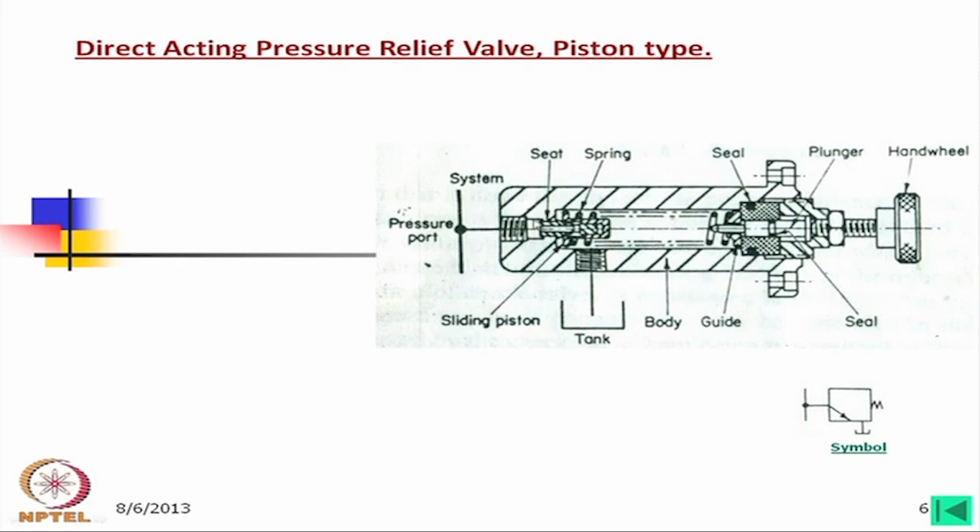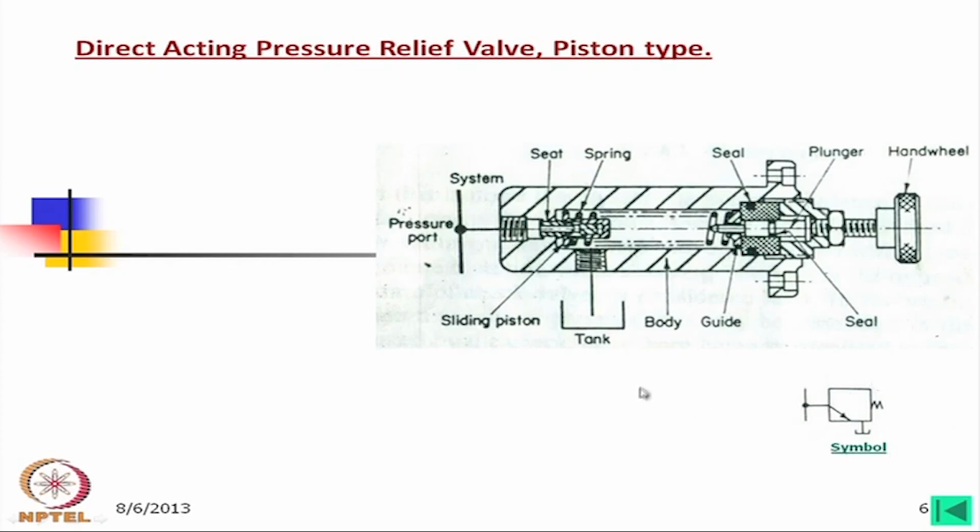In the case of the cone, that was directly hitting the cone seat. In this case, this piston is moving, so the sound will be less. So, it is slightly better than the other one, and the same symbol is used.